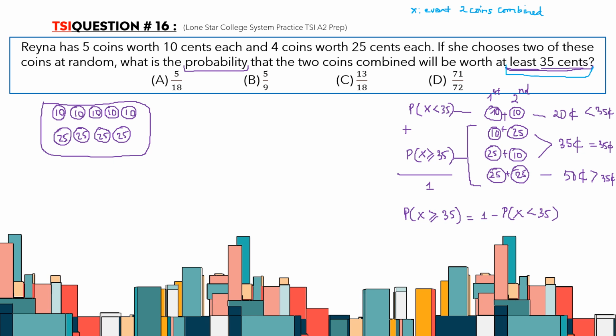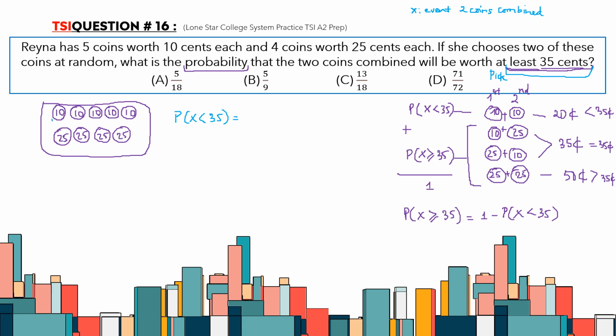Okay, so we can calculate the probability of x less than 35. The first pick right here is a coin of 10.